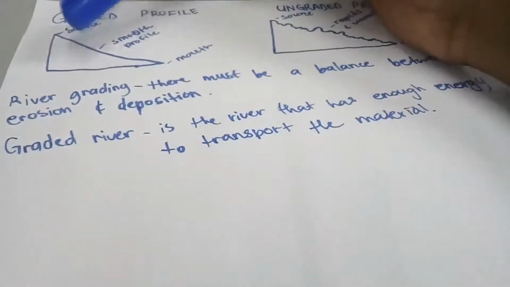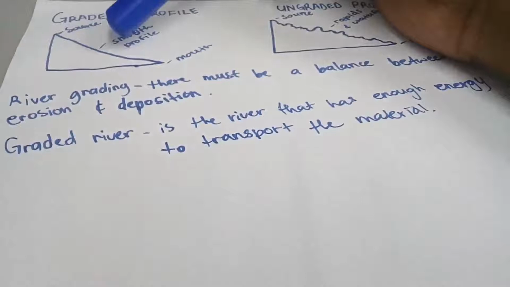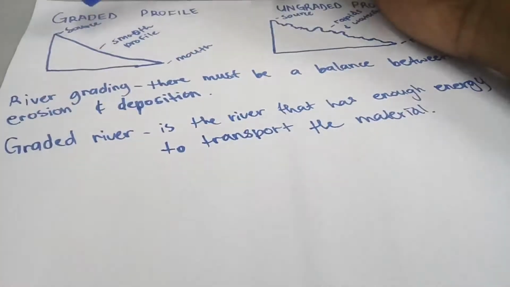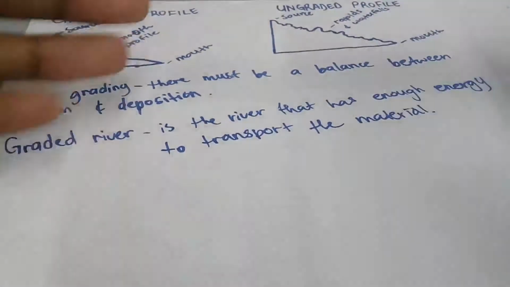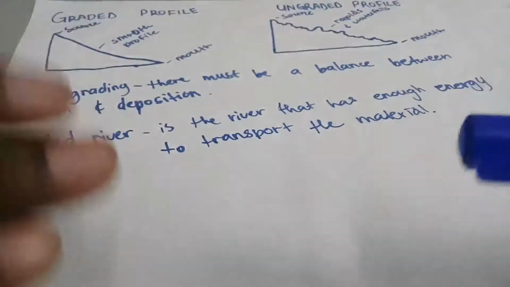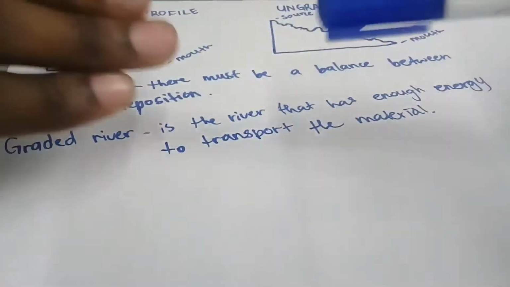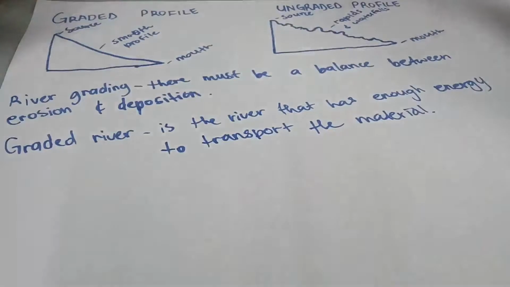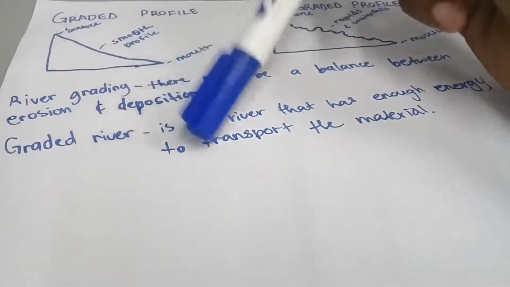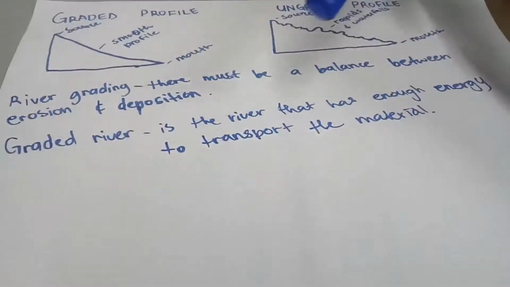Okay, so this river, as I already said, guys, has enough energy, meaning that the water moving within the river has enough energy to erode and also move the material to be deposited in the lower course. That's a graded river, the river that has enough energy to transport the material.